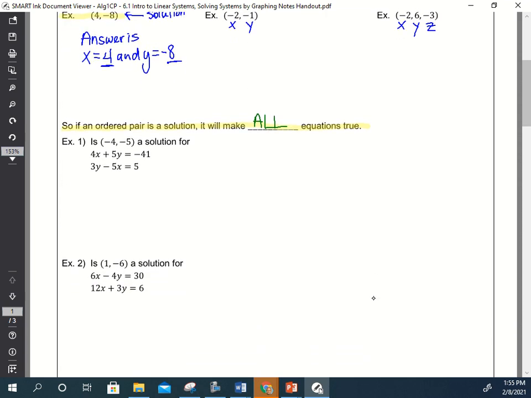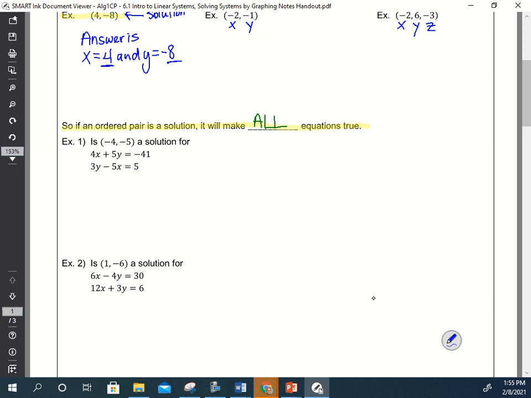So we're going to look at 2 examples. You're going to see an example where it works, and you're going to see an example in which it doesn't. So let's look at example 1.